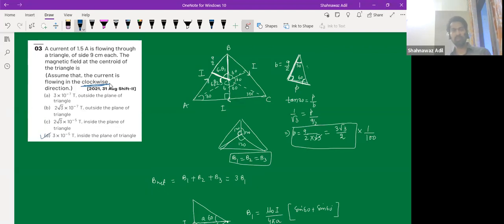Okay, whenever you want me to scroll down, just write the question and just write the solution.